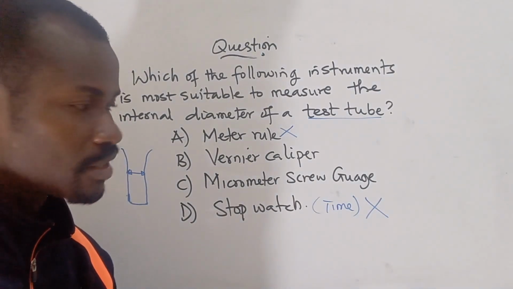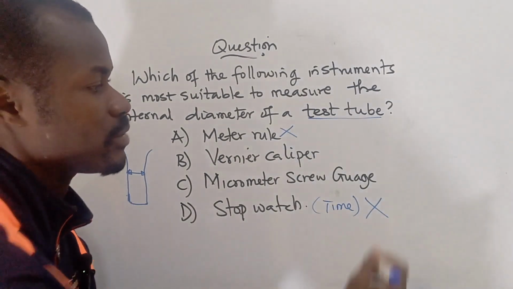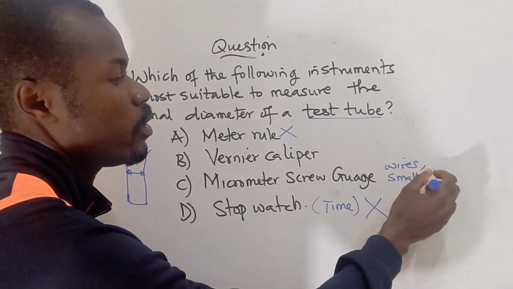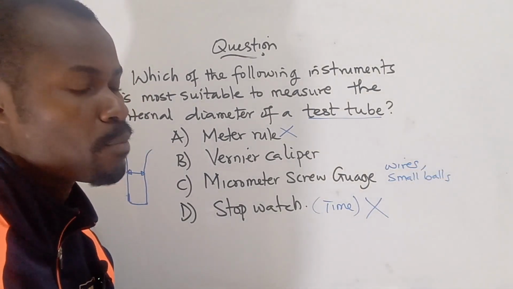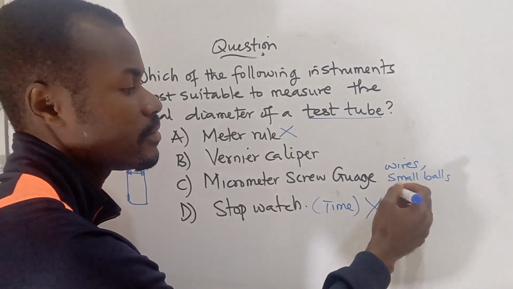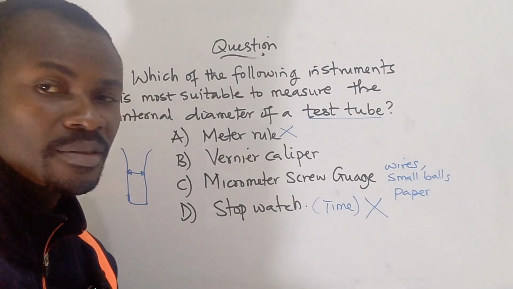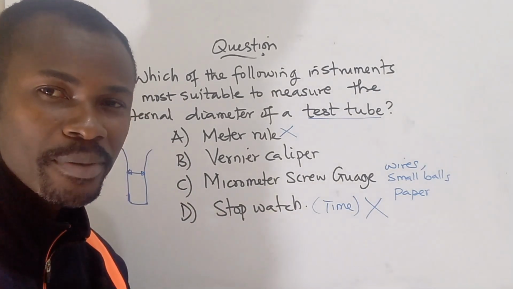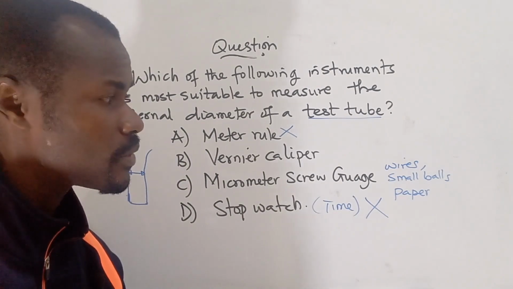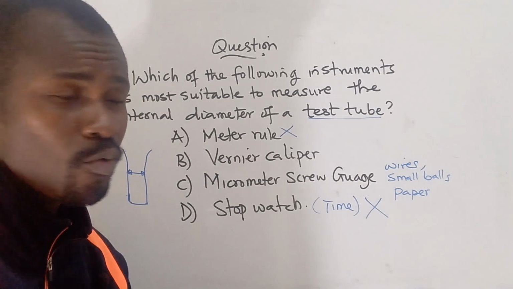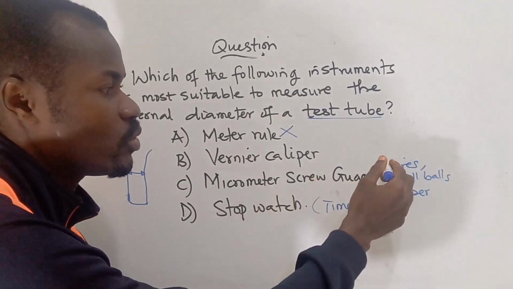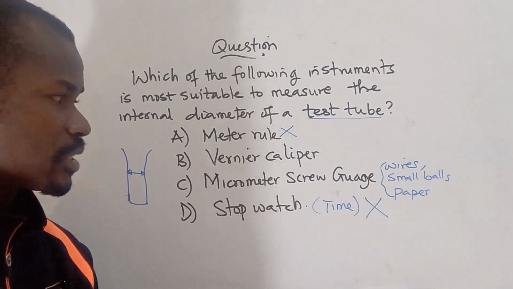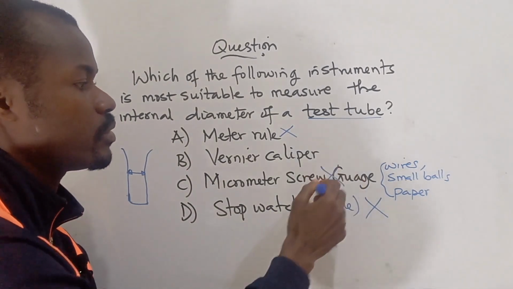Micrometer screw gauge is most often used to measure the diameters of wires, small bulbs, and even a piece of paper, and small balls. So your micrometer screw gauge can do all of this, but it cannot measure the internal diameter of a test tube. So this is out.